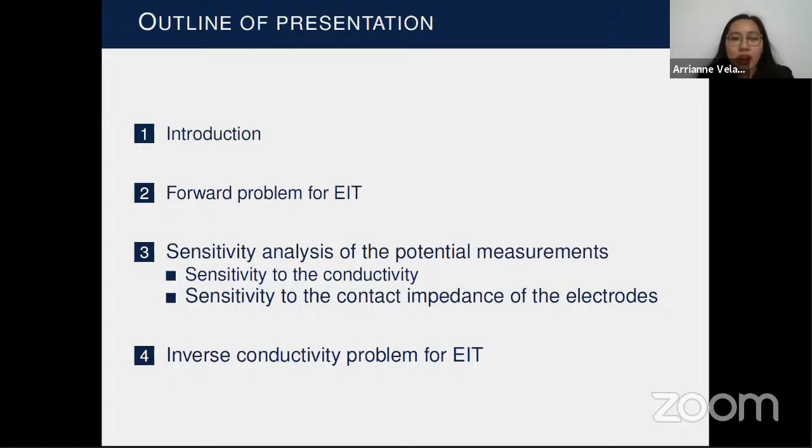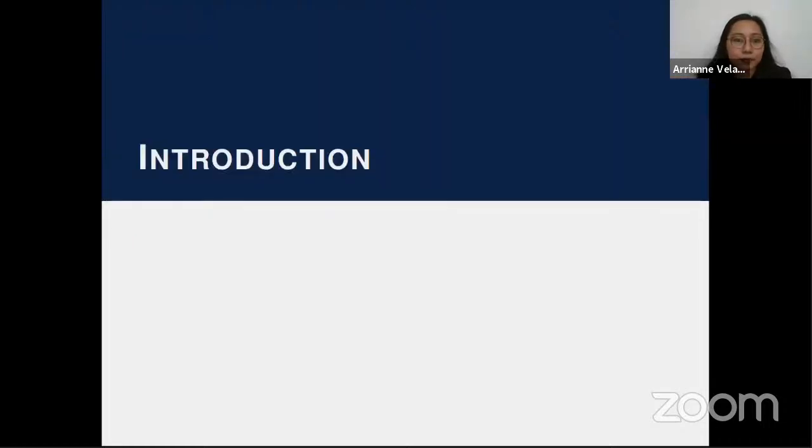This is where we gather our data for the main problem of EIT, and because of that, we are interested in doing the sensitivity analysis of the potential measurements with respect to the parameters, the conductivity and the contact impedance of the electrodes. In the last part, I will be presenting preliminary numerical implementation, confirming the observations for the numerical sensitivity analysis.